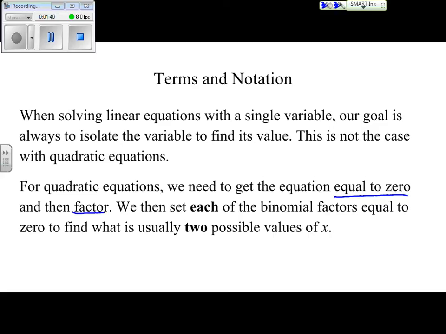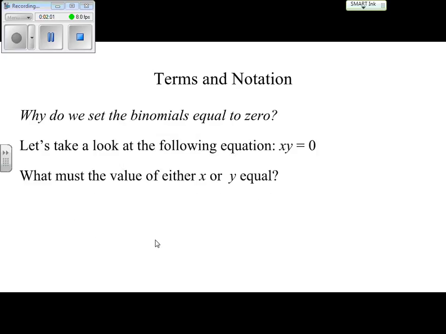And only once we factored it, then we set each of the binomial factors equal to 0 as well. And then we're often going to have two possible values for our variable, which will often be x. So a little different than what we have done. There will be a little algebra involved, but only after we've factored it and set those binomials or factors equal to 0.